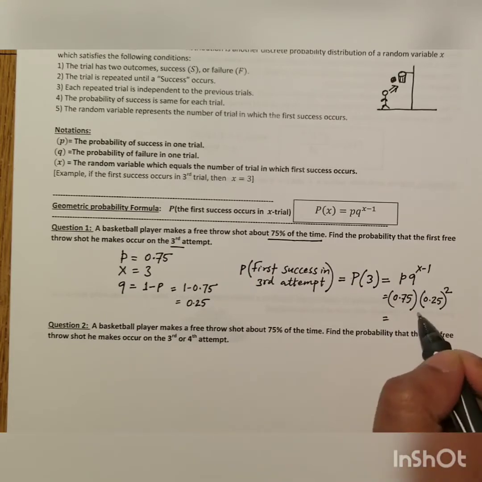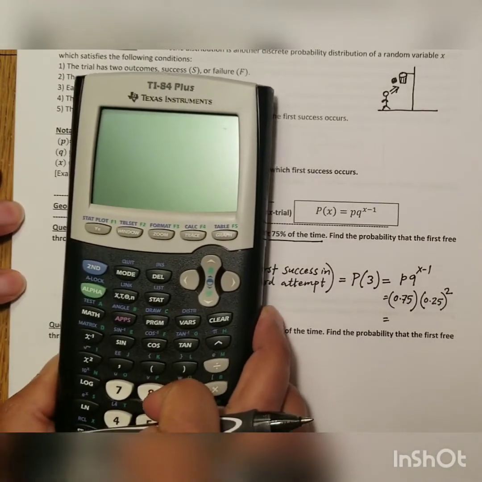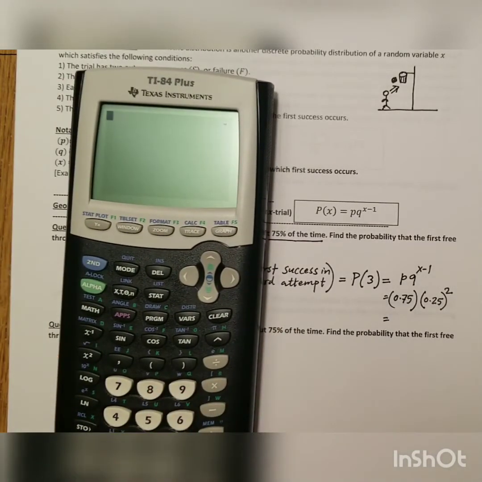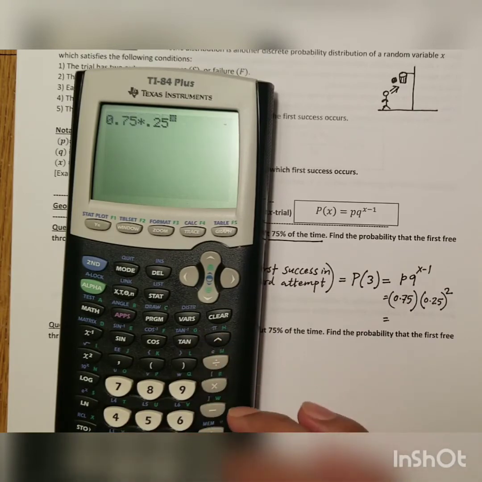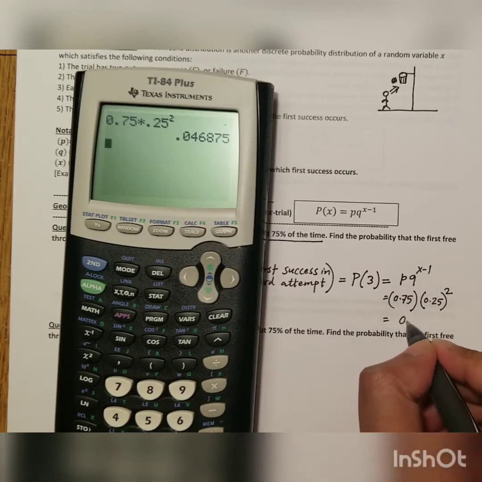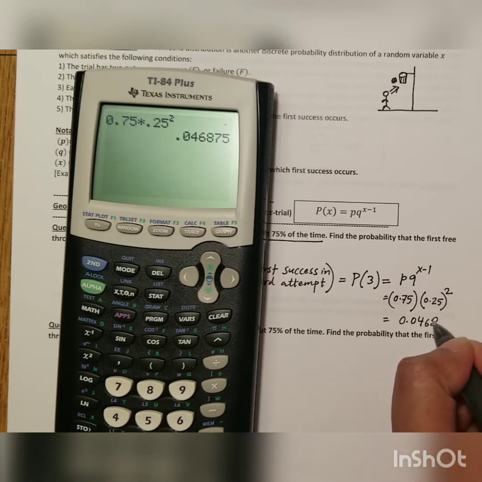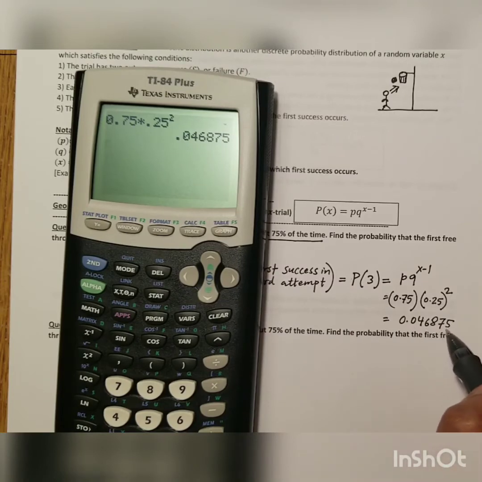Right, so now you do that calculation. We use a calculator for that. 0.75 times 0.25 to the 2 equals 0.046875. You can round it to 4 decimal places.